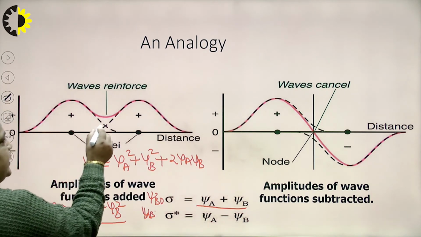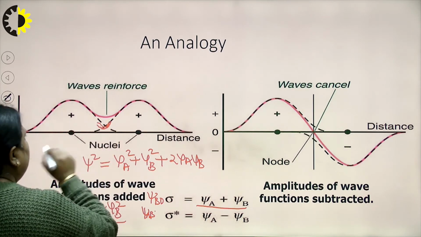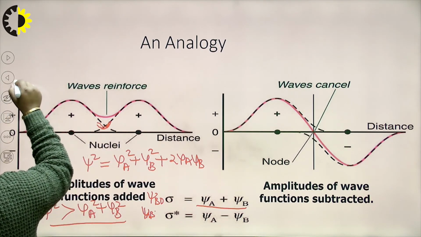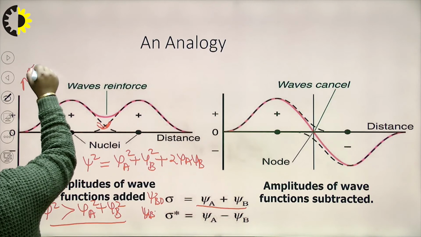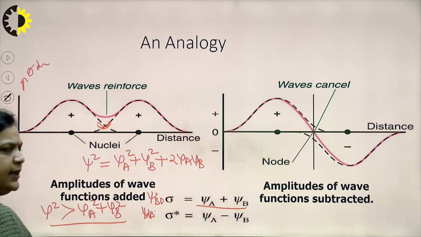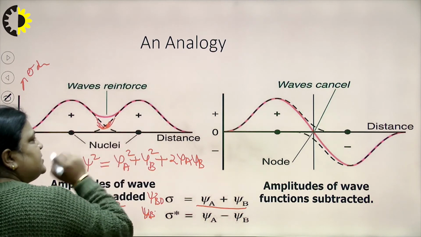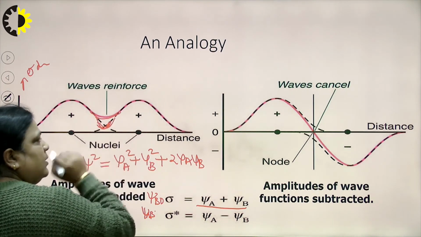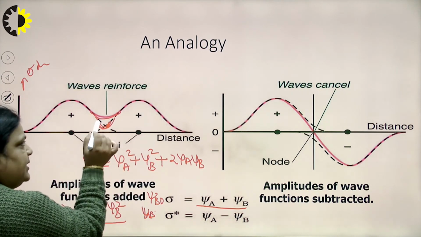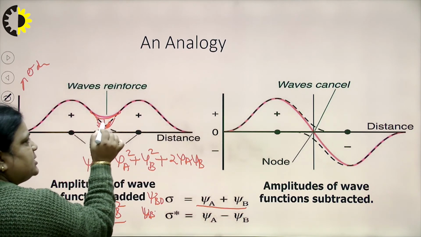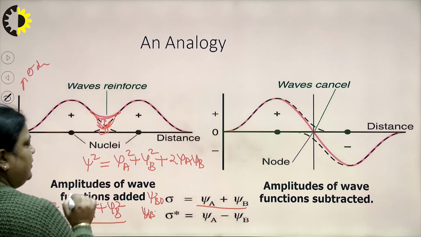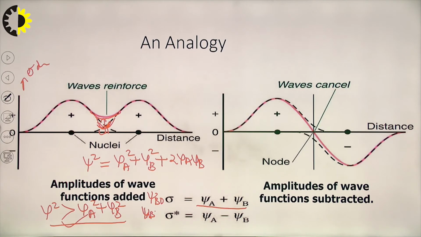This is the electron density on the y-axis, we can say electron distribution, and on the x-axis we can take any parameter. This is psi A square plus psi B square, and this is psi square. So we can easily say that psi square is always greater than psi A square plus psi B square.